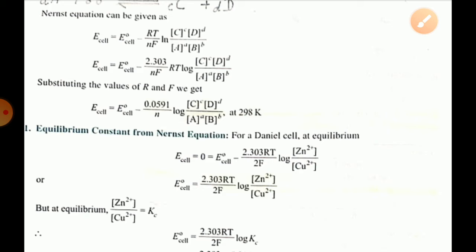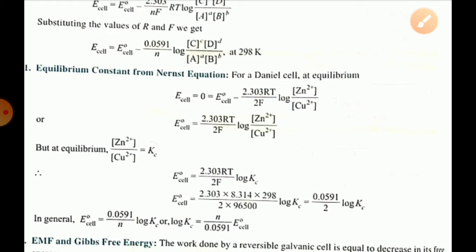Since the cell potential is 0 at equilibrium, the standard cell potential is equal to 2.303 RT upon 2F log concentration of zinc ion upon concentration of copper ion. At equilibrium, this ratio of the concentration of product and reactant is the equilibrium constant Kc.